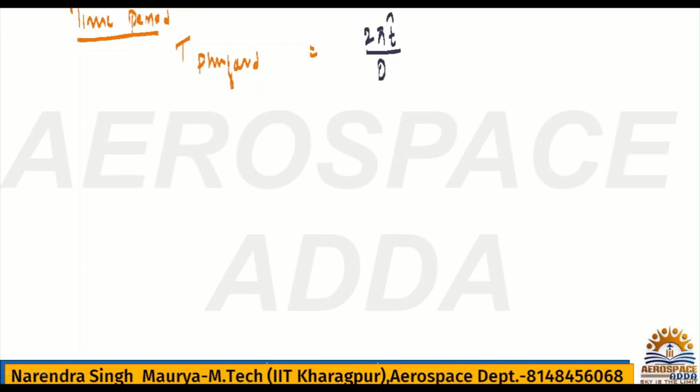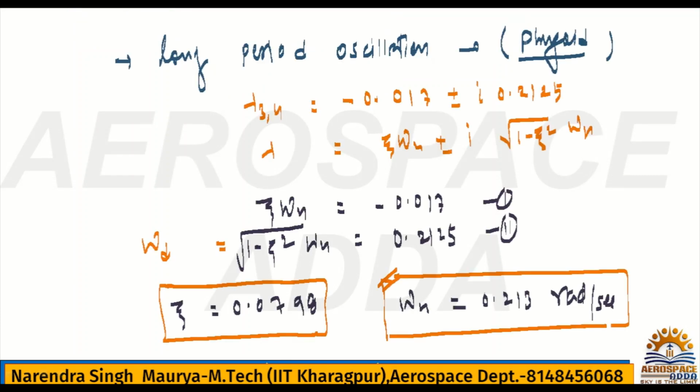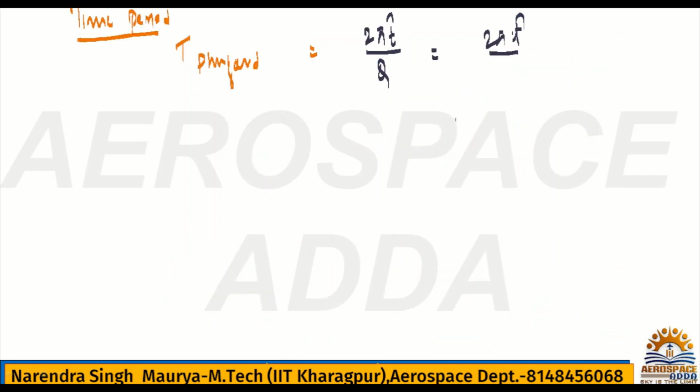The imaginary part is denoted by q, so you just keep this value. It is nothing but 2 pi t cap divided by 0.2125. If you solve, you may have 29.56 t cap.